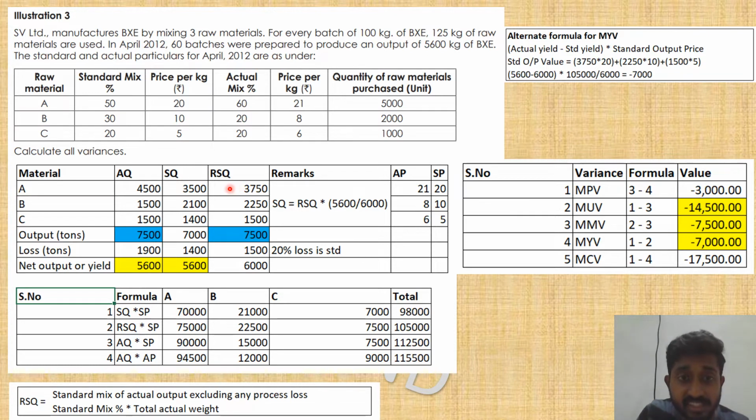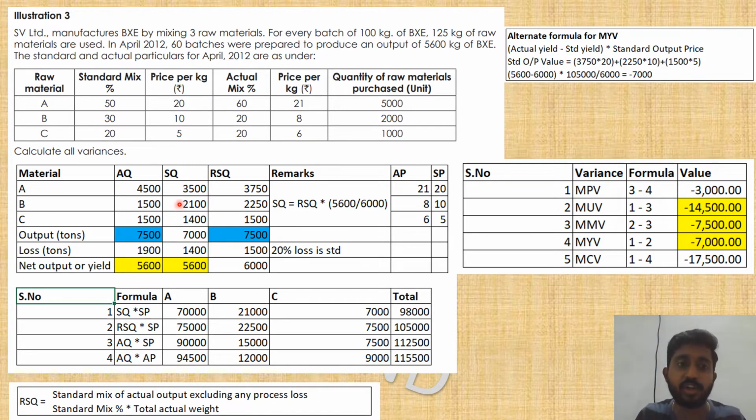So 3,750 is the quantity of A for 6,000 output. Then for 5,600 output, what will be the quantity of A? Very simple formula: 3,750 divided by 6,000 multiplied by 5,600. I have given the formula here. Apply the formula, and you can find the standard quantity of A.